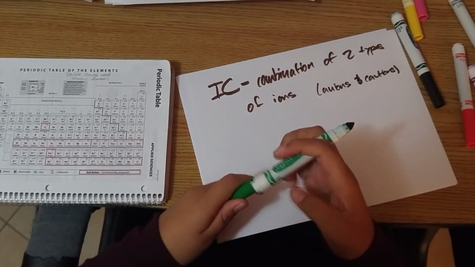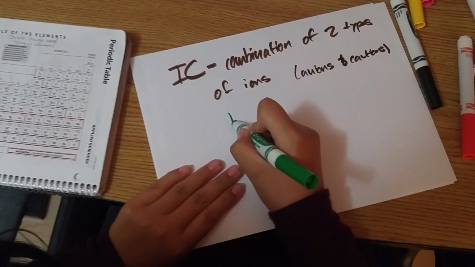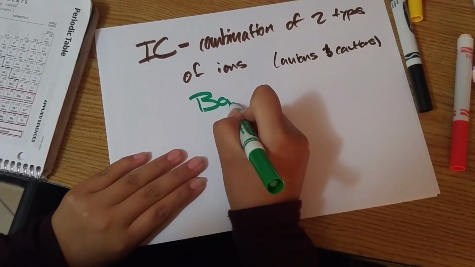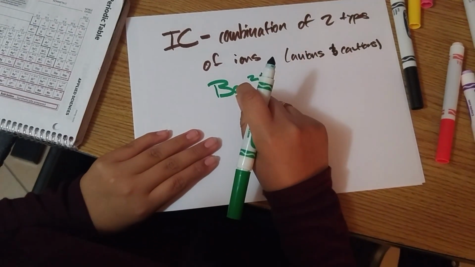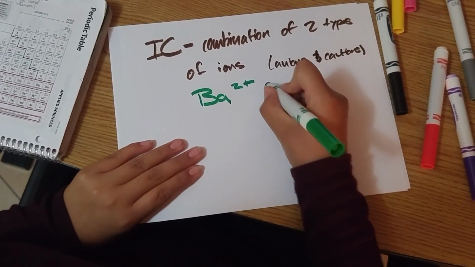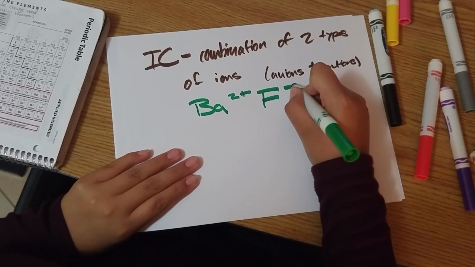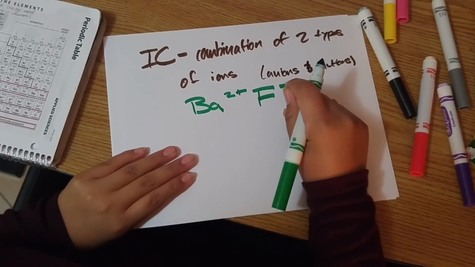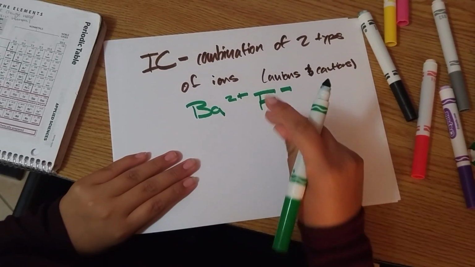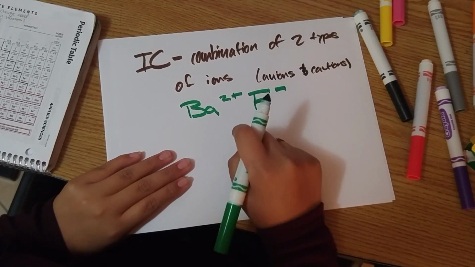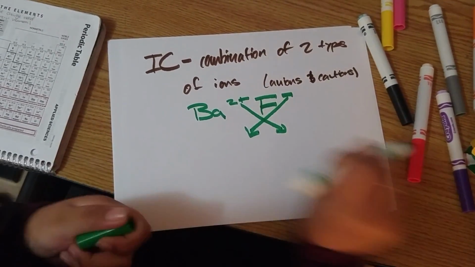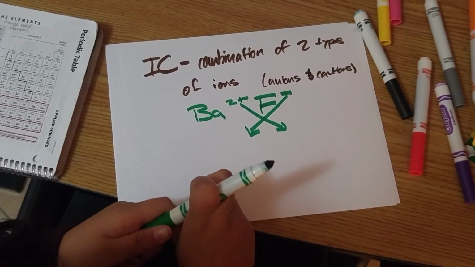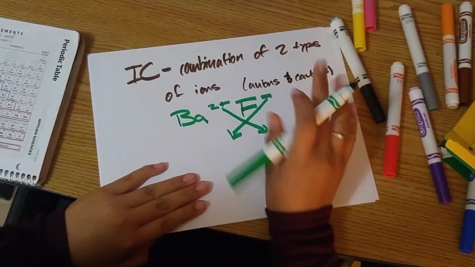Let's say we have Ba2, which is barium, and F, which is fluorine. You would cross the charges. Forget about the sign. The sign isn't important anymore.